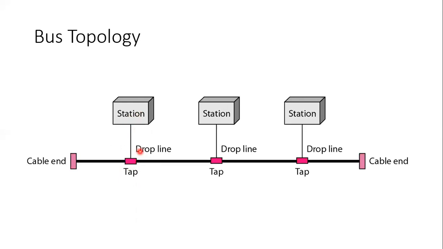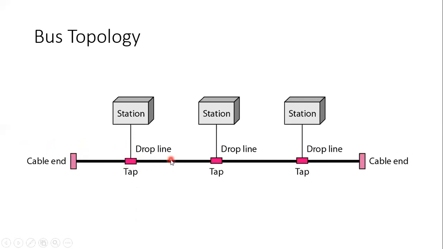A tap is a connector that either splices into the main cable or punctures the cable to create contact with the metallic core. When a signal travels along the backbone, that is this cable, some of its energy is transformed into heat.